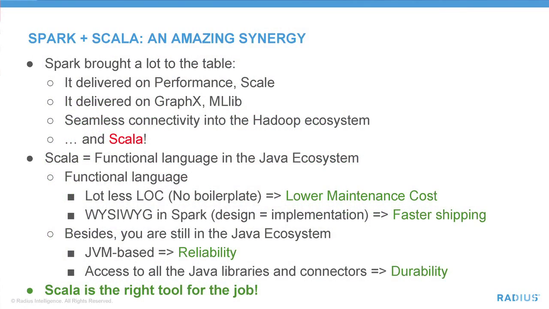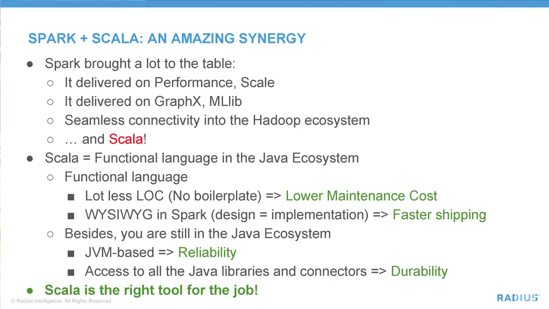And so we started to do a migration pilot. And what we found out was very nice. First off, Spark brought a lot to the table and delivered pretty much on all the promises. It delivered performance, it delivered scale. We had no problem at all processing the data that we were already processing in Hadoop.